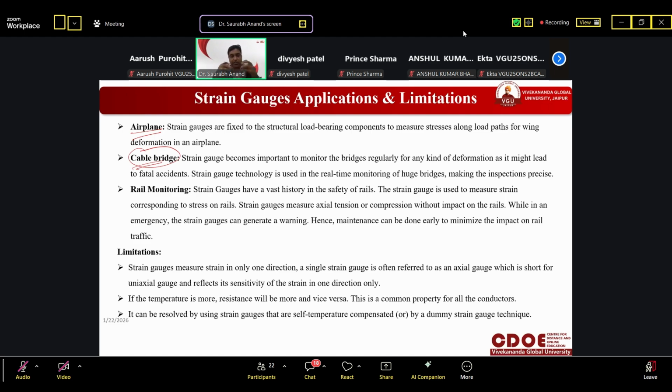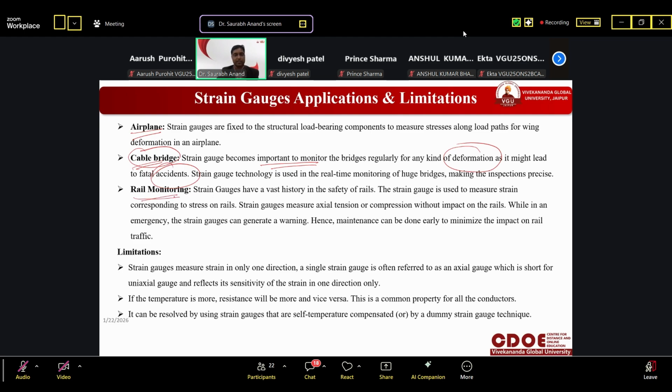It will stretch, and if we continuously increase the force, it will stretch more and more, and after some time it can break. So we want to monitor whether the bridge can bear more crowd or not. What type of deformation is there, we have to take care of it to avoid accidents.